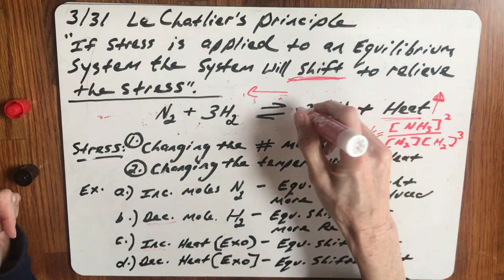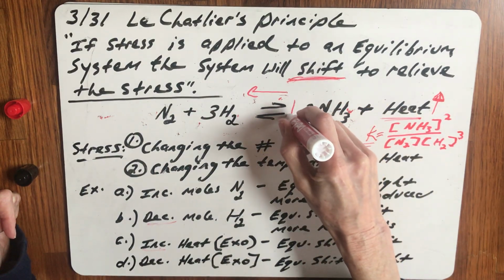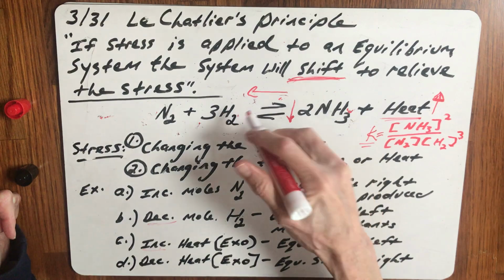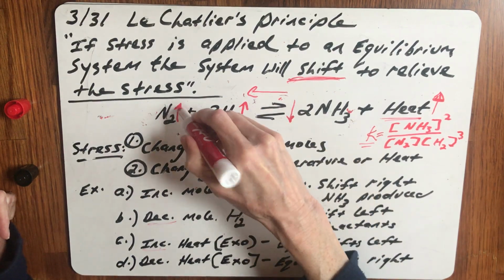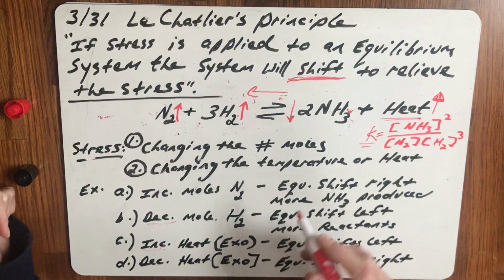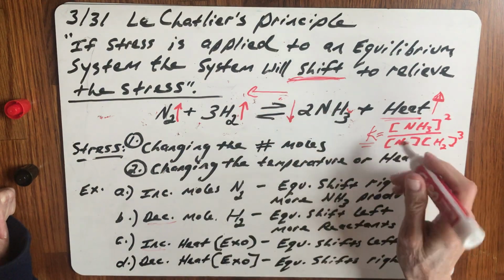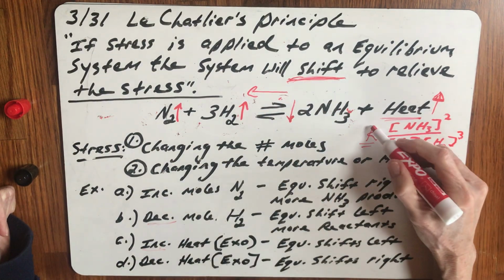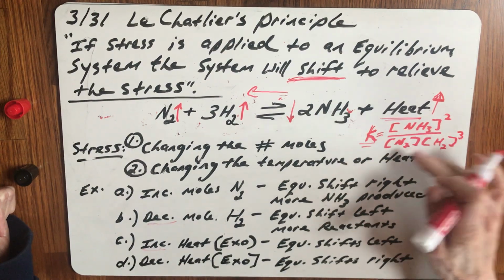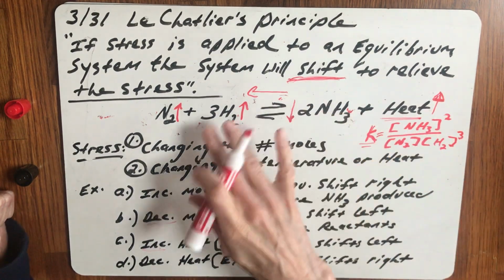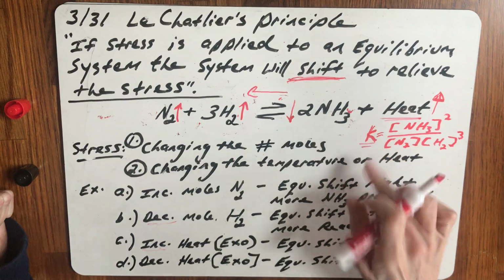As it forces over to the left, it's going to decrease the amount of the NH3 and result in an increase of these two reactants. Again, always trying to satisfy this K expression so that the values change with the conditions in order to satisfy the K value.